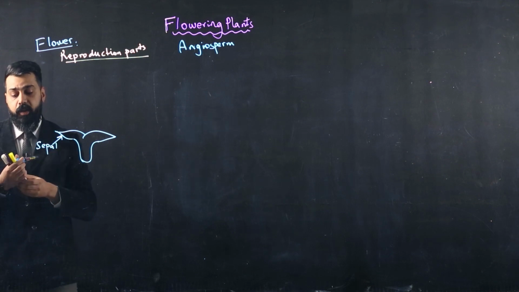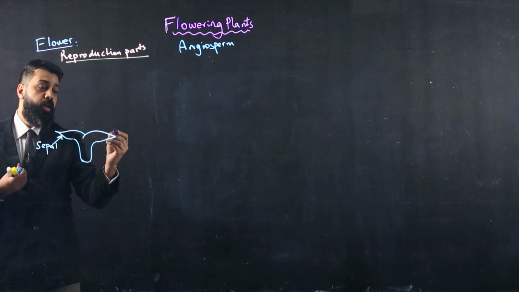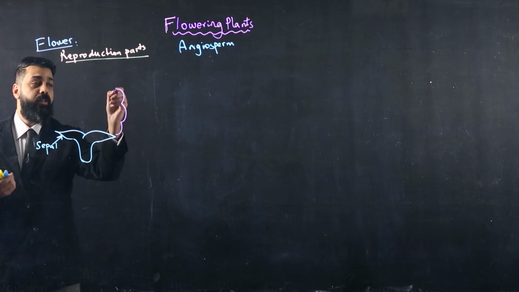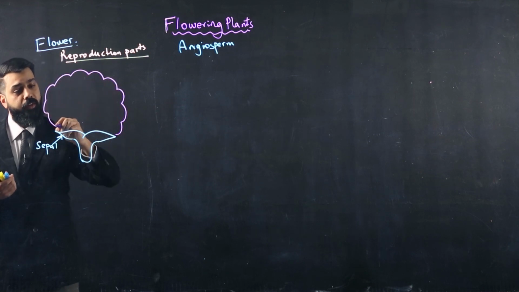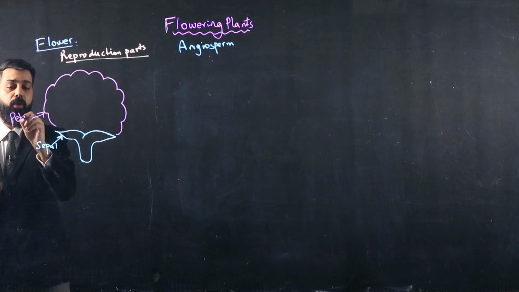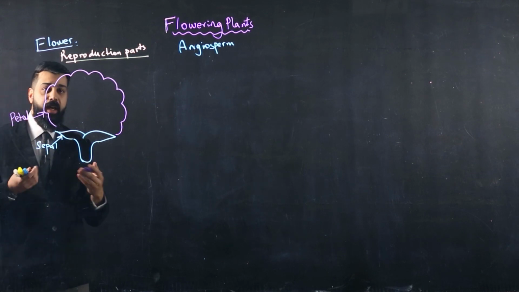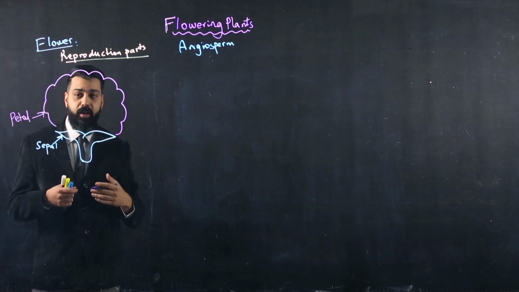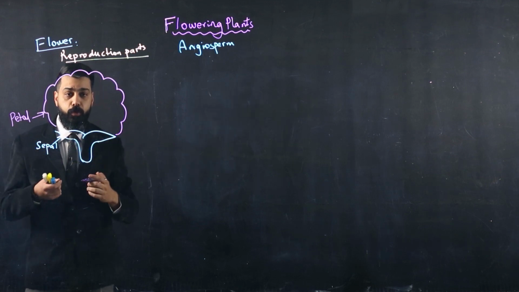Then we have the colored leafy part present around the flower, called the petal. This petal aims to attract the pollinators, the animals carrying the pollen, after the flower blooms.